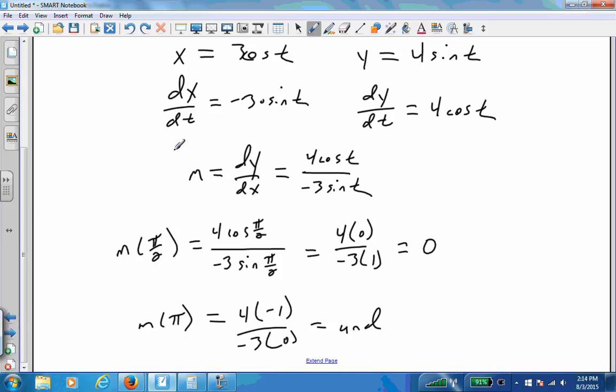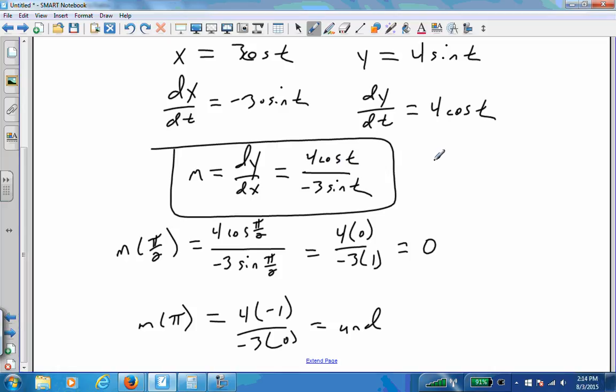This will be 0 anytime our numerator is 0. This will be undefined anytime our denominator is 0. So if we were looking for what t values would give us a vertical or a horizontal tangent line, we could find those.